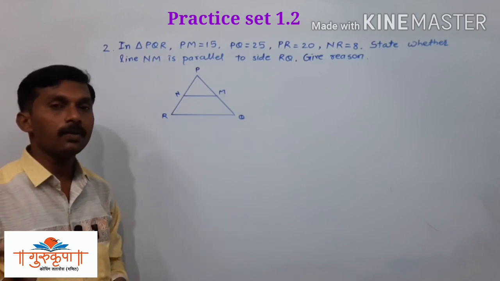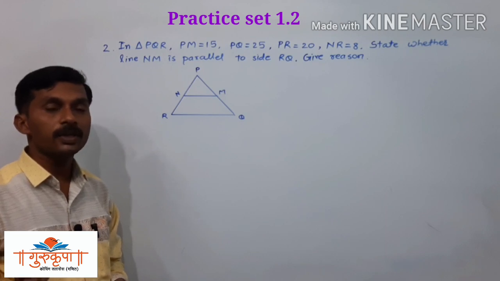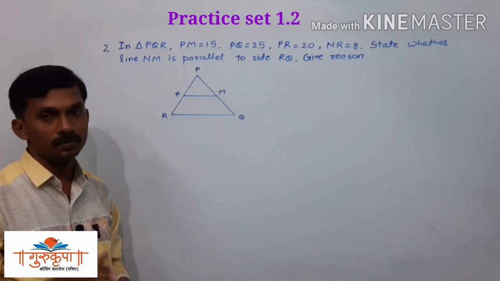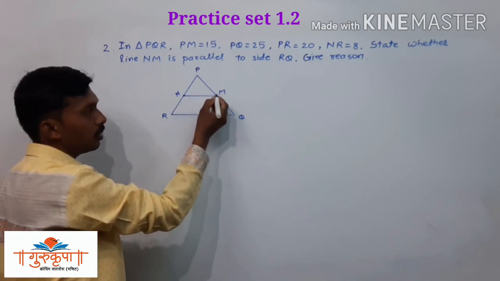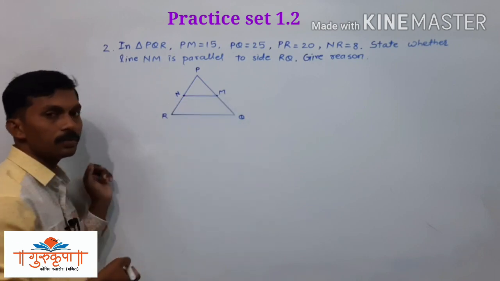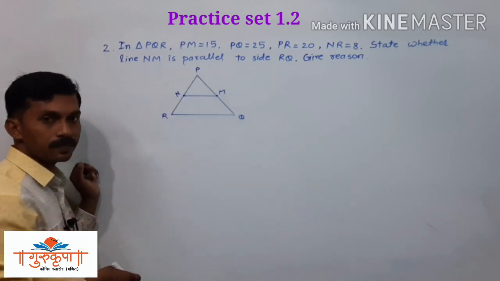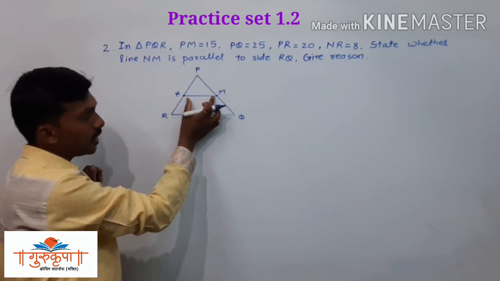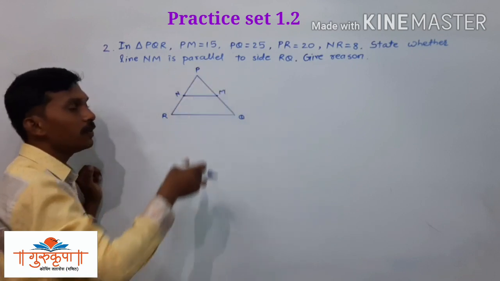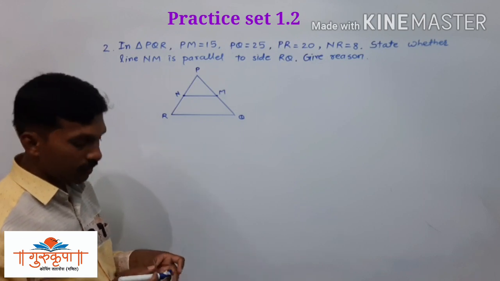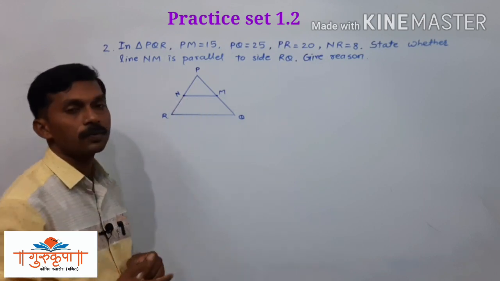And here we have only one way, that is the converse of basic proportionality theorem. If this line MN, or you can say NM, divides these two sides PR and PQ proportionally, then we are able to say that this NM is parallel to RQ.